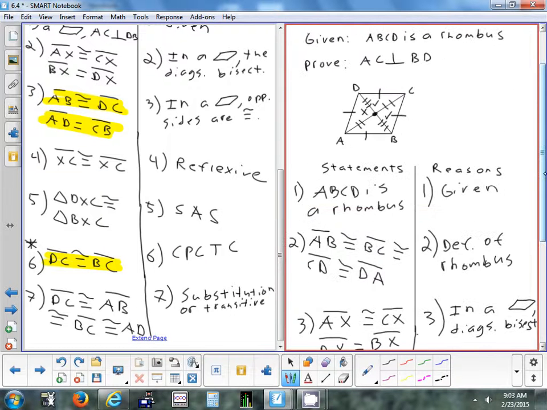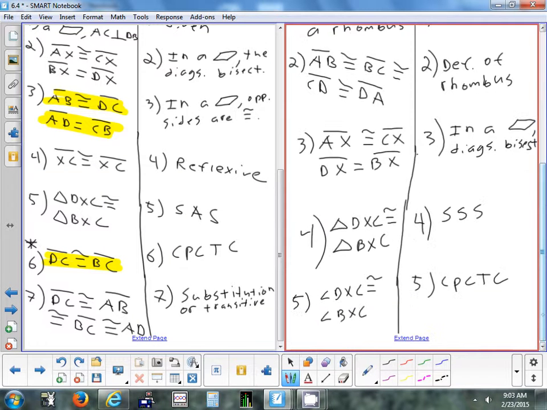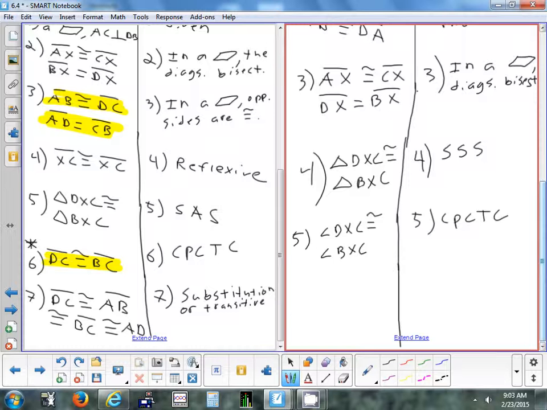Can somebody tell me something else we know about them? They're the same, and they also make what kind of angle? They make a 180-degree angle. Okay, so now we're kind of getting there. We've got two angles that are the same, and they add up to 180. That's not leaving us too many options about what they each are.